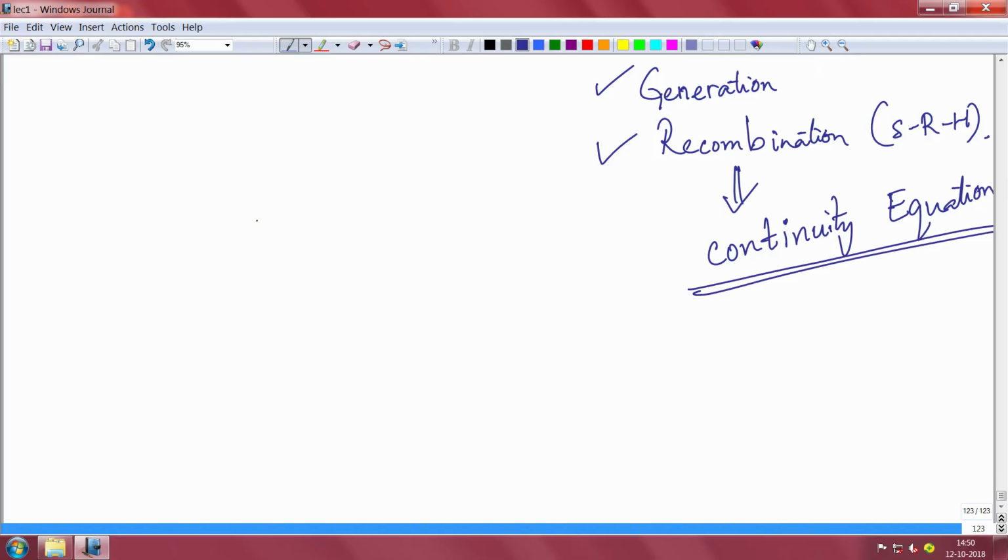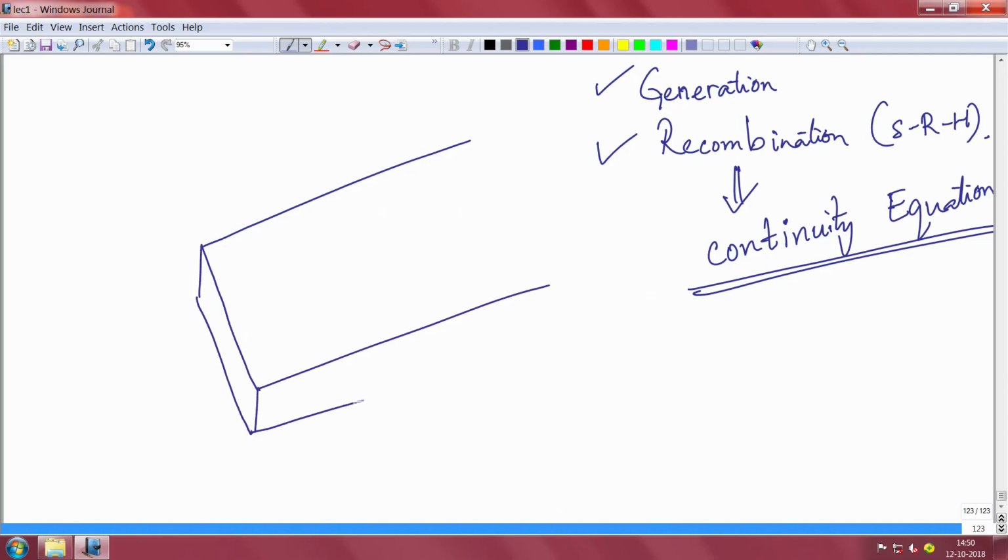Suppose I have a semiconductor like this, and I am going to take a slice of this, which has a very small thickness.